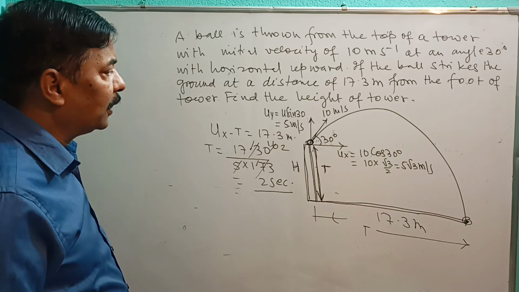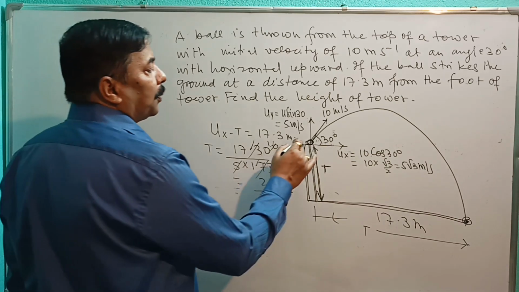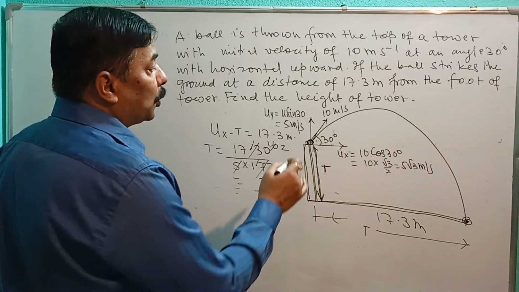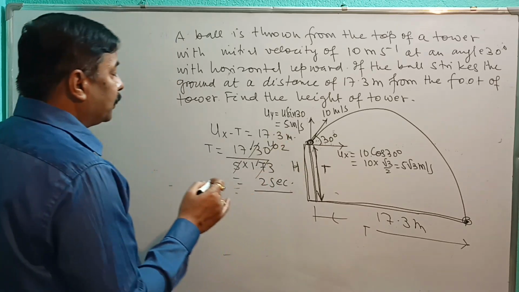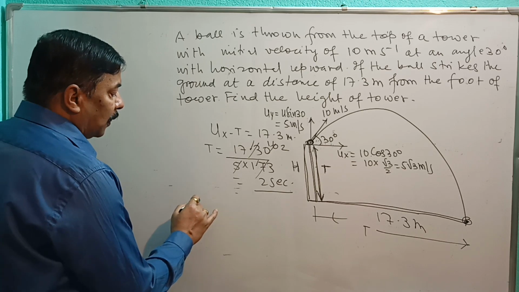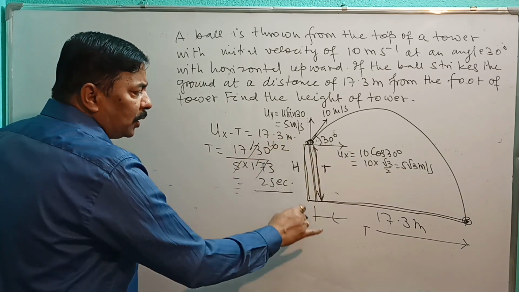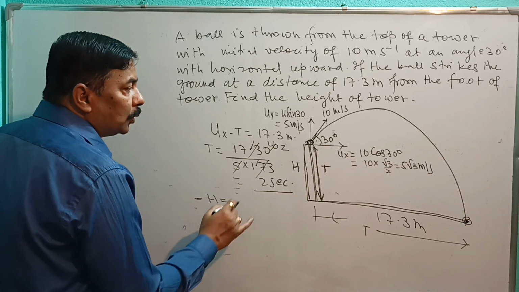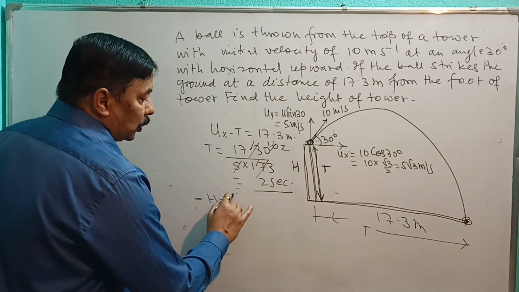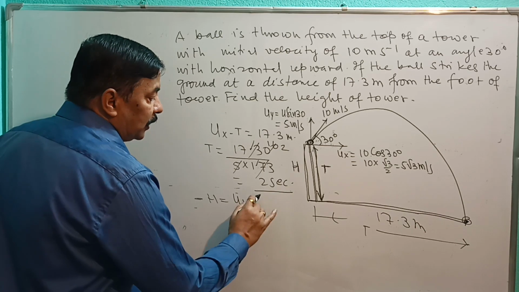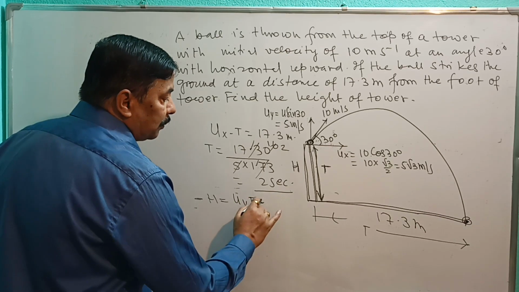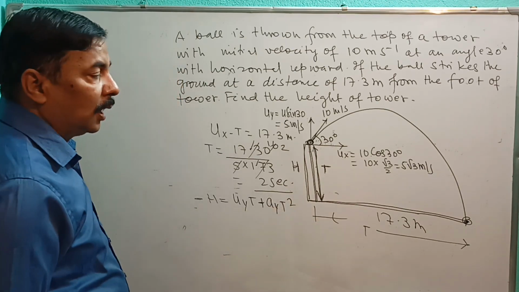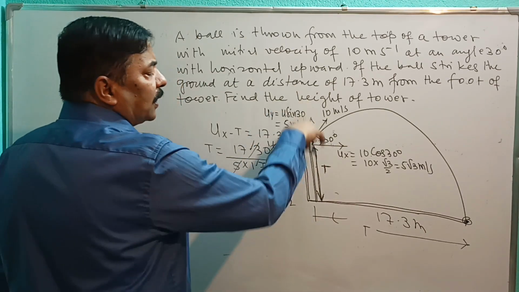So for vertical distance, this is the point of projection, so we will be taking it as the origin. So its coordinate will be 0, 0. So what for vertical direction? As it is below origin, so I am taking minus h is equal to uy t plus half ay t square. uy is this direction, upward direction.